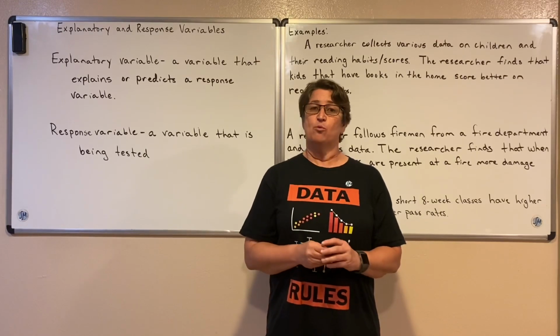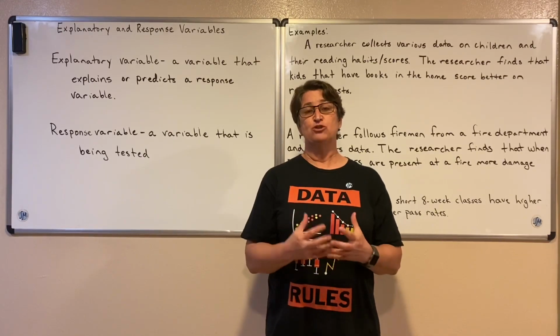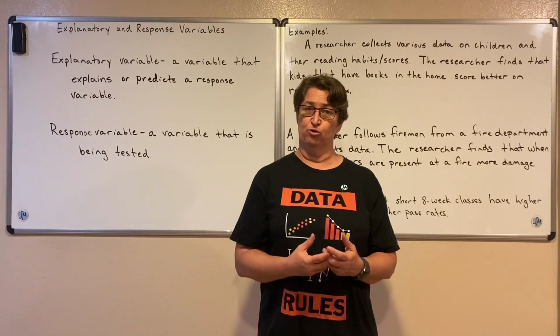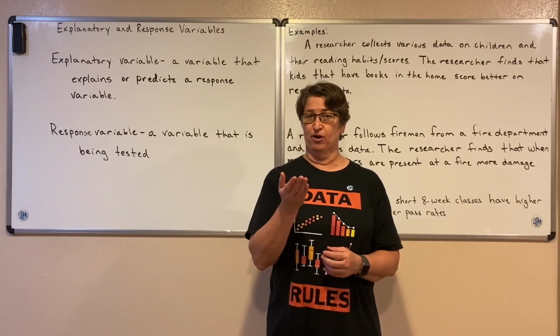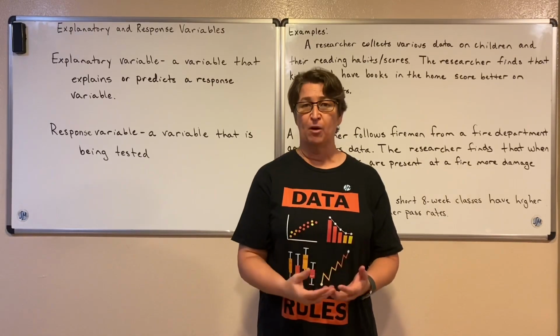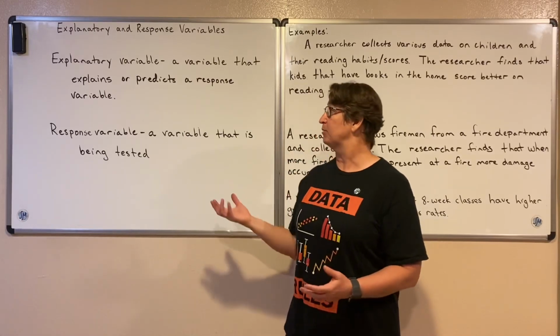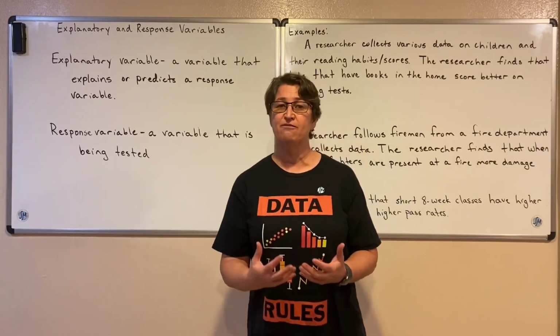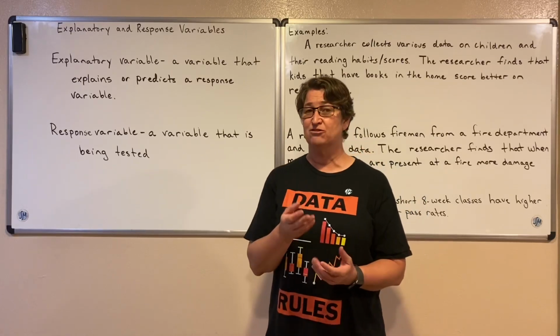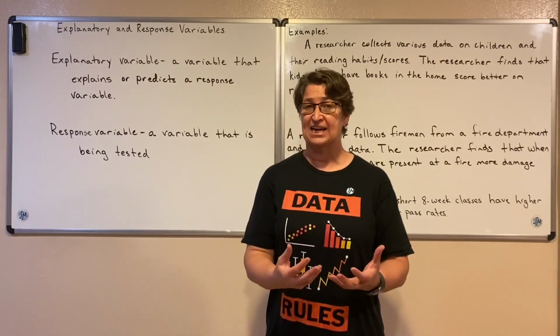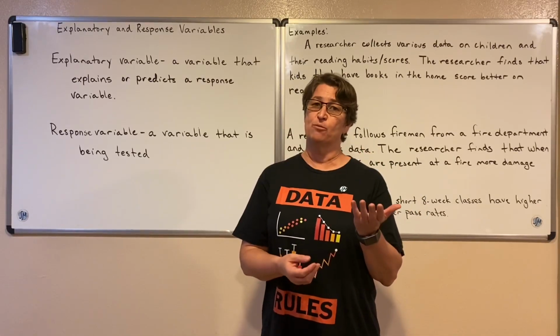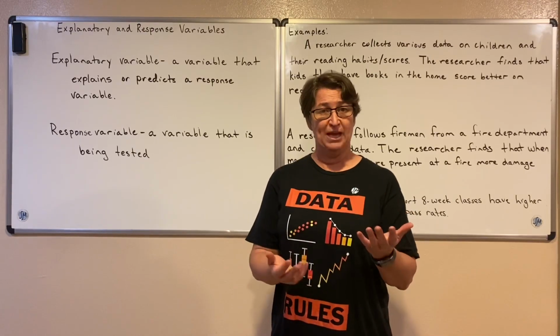And when we do that, we have two different types of variables. We have the explanatory variable and the response variable. And the explanatory variable is just a variable that explains or maybe predicts what the other variable's measurements will be.